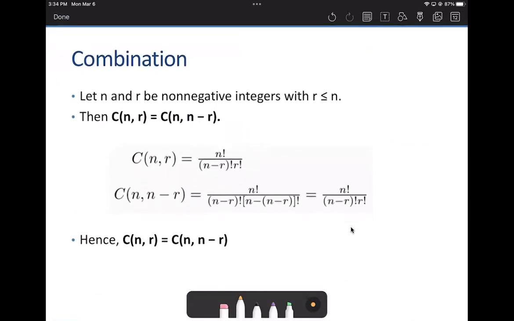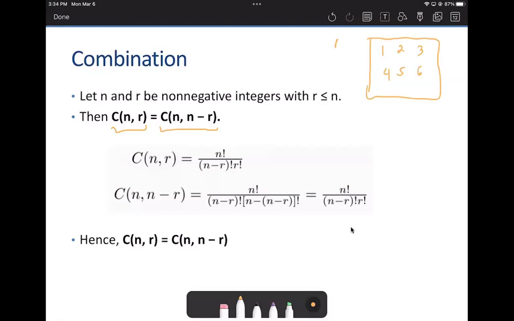So here is another equality. It is said that the combination of n taken r is equivalent to the combination of n taken n minus r. For example, meron tayong set, let's say 1, 2, 3, 4, 5, and 6.